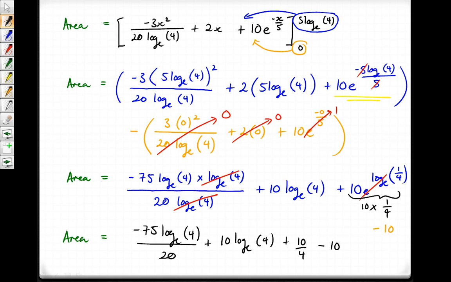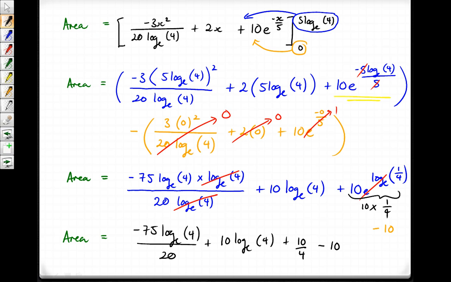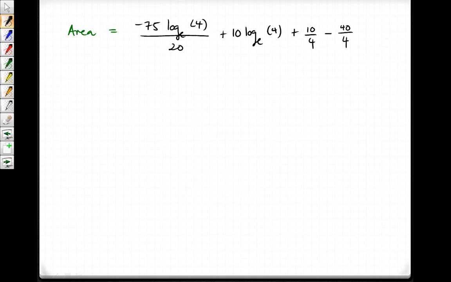So now I'll just grab a little bit more space, and we can see our previous result was that we had minus 75 log e of 4 on 20 plus 10 log e of 4 plus 10 on 4 plus 10, which I'm going to write as plus 40 on 4. Sorry, that was a minus from our previous one, just check. So that's minus 10, which is minus 40 on 4.